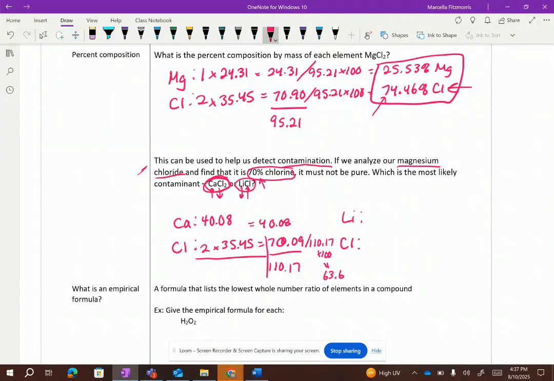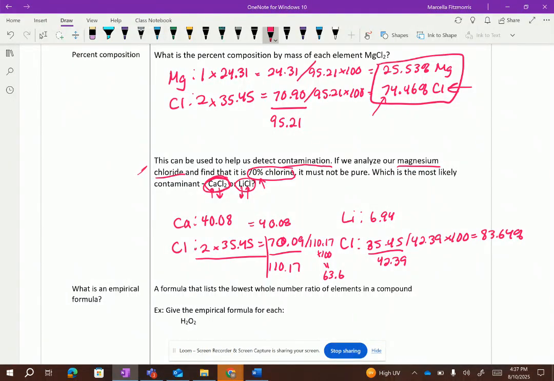If I do the same for lithium, 6.94 over here, we've got just one chlorine, so 35.45 for a grand total of 42.39 for the molar mass. If I take the chlorine and divide by that molar mass times 100, I get 83.64%.